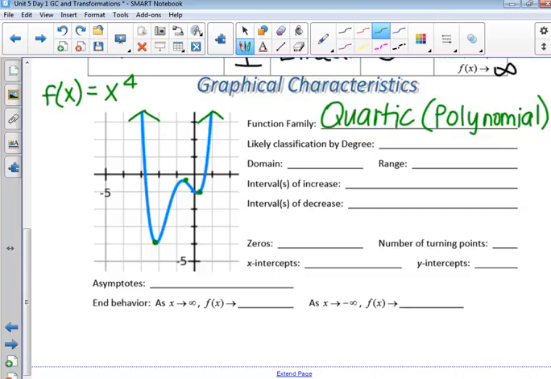We classify by the degree. We said x to the 4th, right? Which is a quartic. So f of x equals x to the 4th, quartic. Who can tell me what my domain is? It goes up and out. Excellent, both of you, good job. Negative infinity to positive infinity.